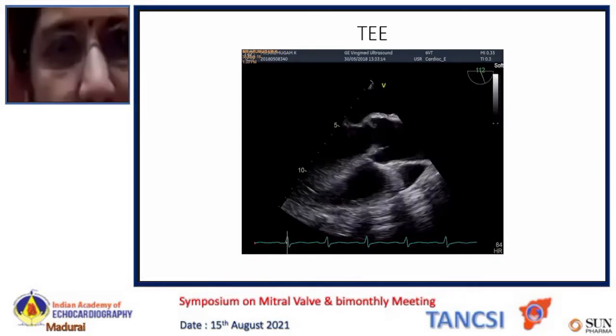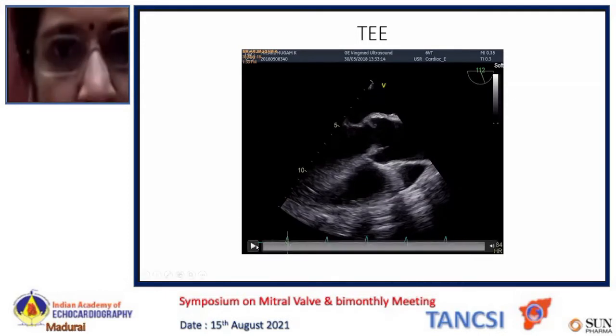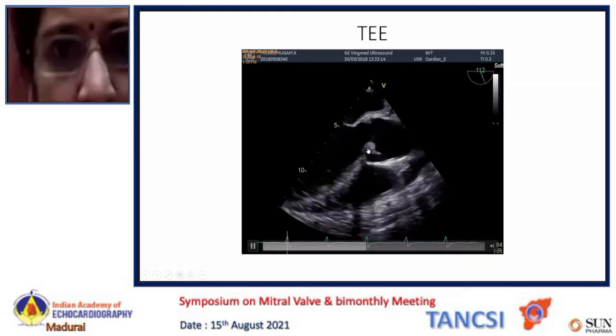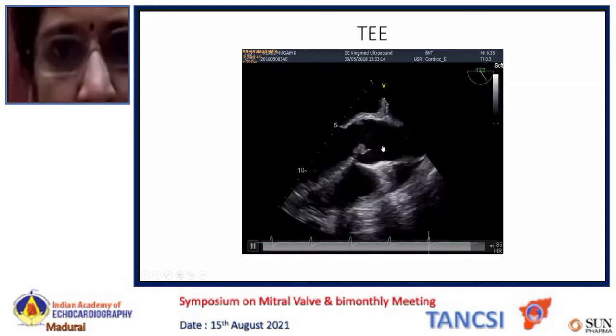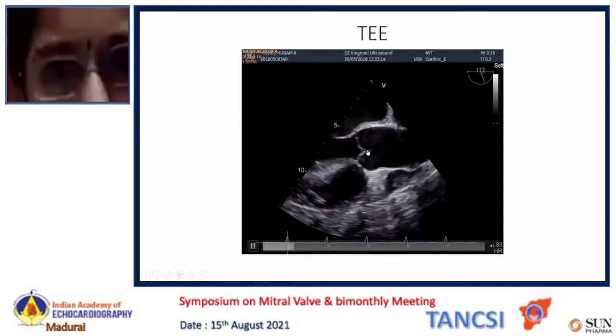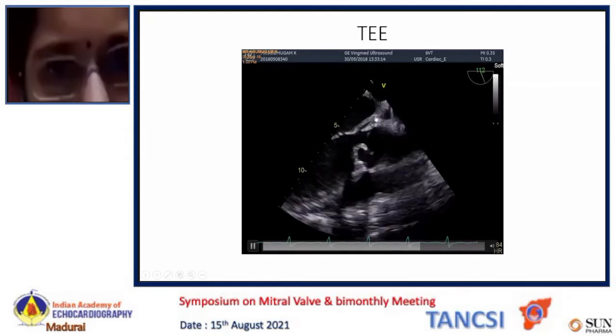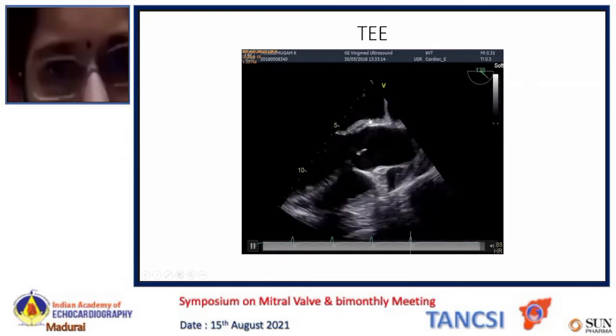We went ahead with the transesophageal echocardiogram. Again here we could see the thickened aortic leaflets with the RCC prolapsing and a hyperechogenic mass seen attached to the RCC and a small cystic lesion which was posterior to the LCC near to the LA.